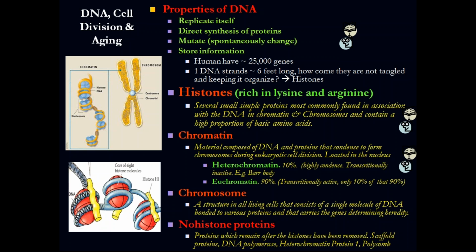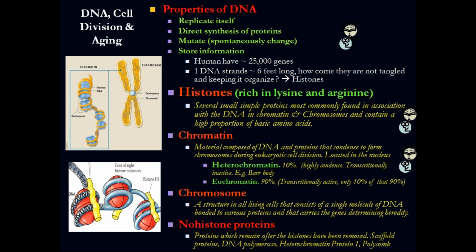The DNA properties are the first thing we are going to check. It replicates itself, it directs the synthesis of proteins, so you know that transcription, right? It can mutate spontaneously and it stores information. Those are the properties of DNA that we must remember.